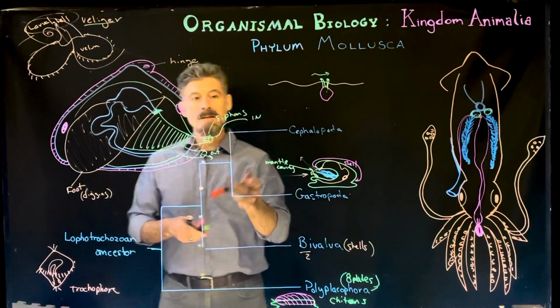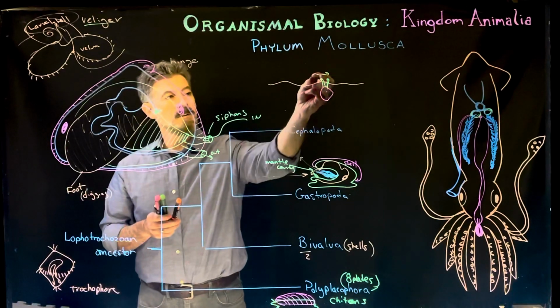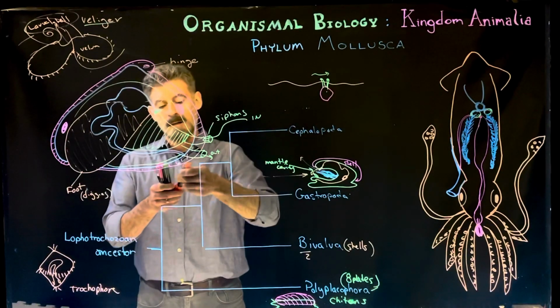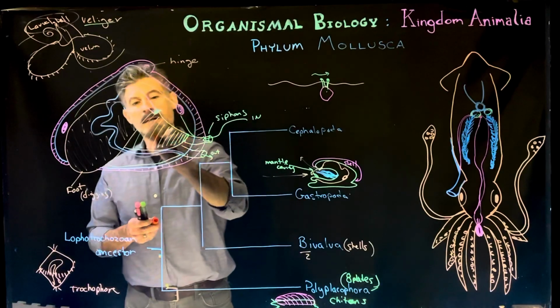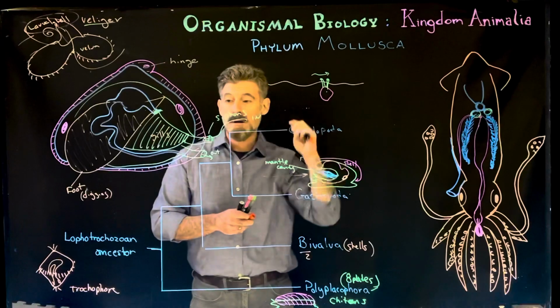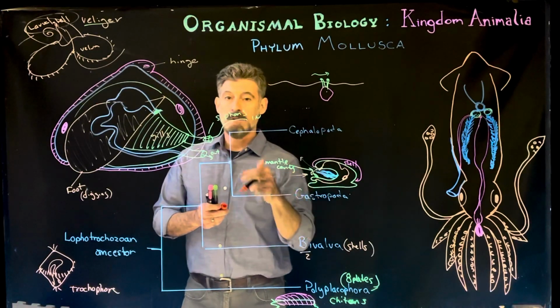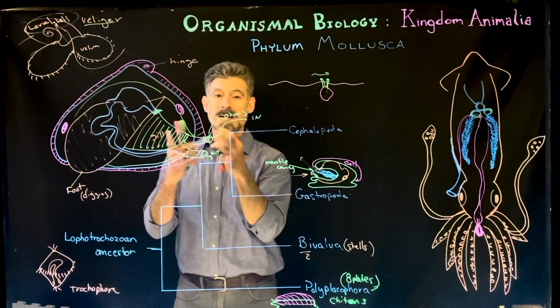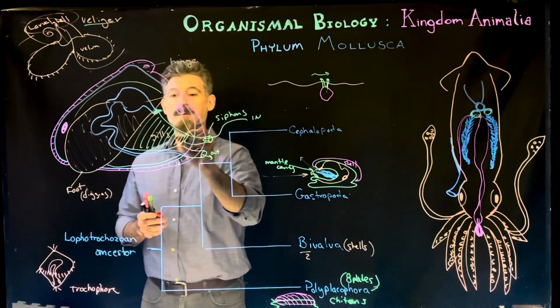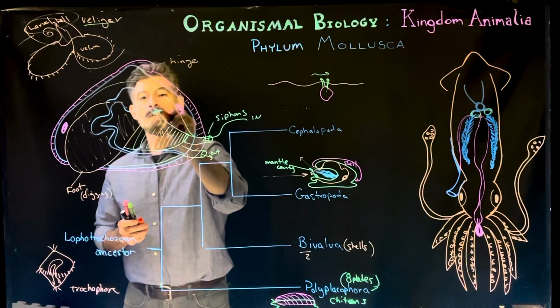Now, behind the siphons, as water comes in, we said these guys are mostly filter feeders. So what they're doing is they're sucking water down in. The water then passes over the gills, so there's respiration going on. But in addition to that, these animals are mostly filter feeders. So the gill structures are used to collect particles, and then those particles are moved through ciliary action up to a mouth, which would be here.